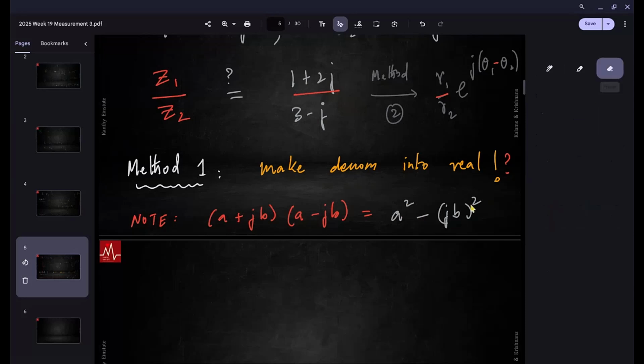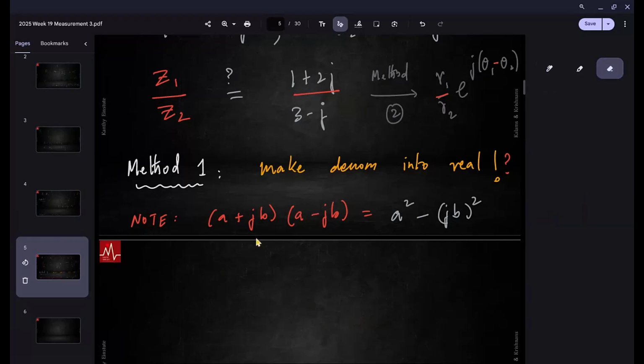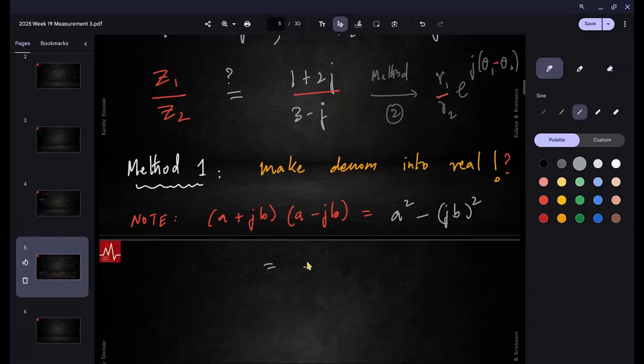Right? So I'm going to write that as a square minus j square b square. What do you get? That's correct.